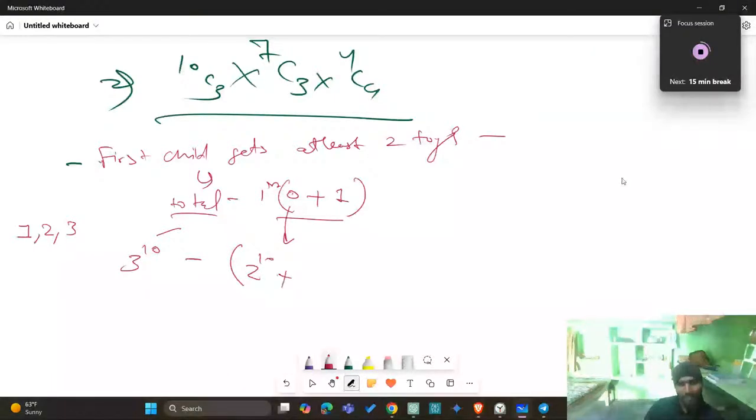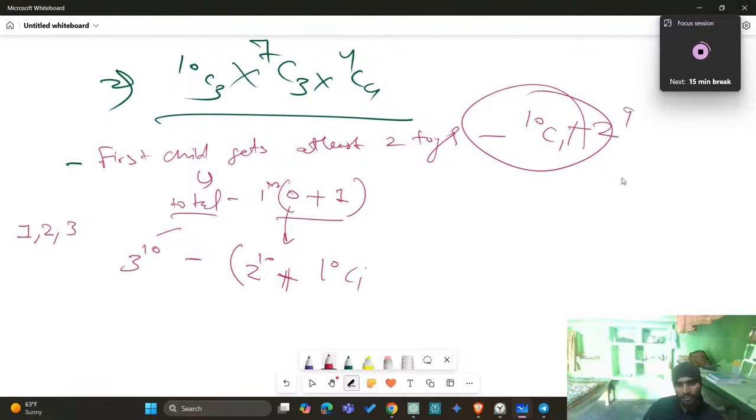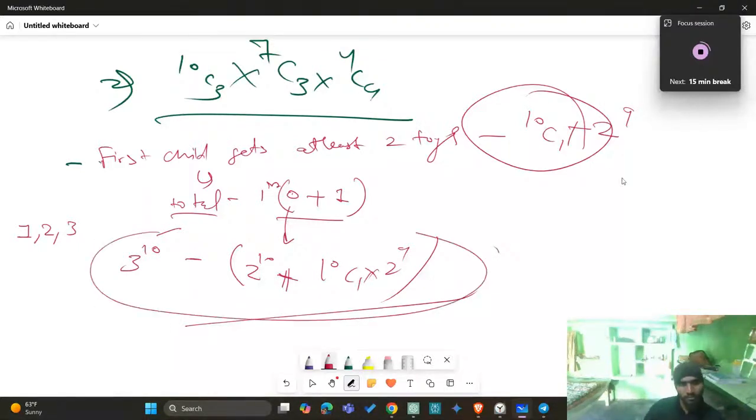When the first child gets exactly 1 toy, 10C1 is the number of ways to choose that toy, and the rest of the toys can be distributed in 2 to the power 9 ways. So 10C1 into 2 power 9 is that number of ways. Subtracting these from the total gives the number of ways where the first child gets at least two toys.